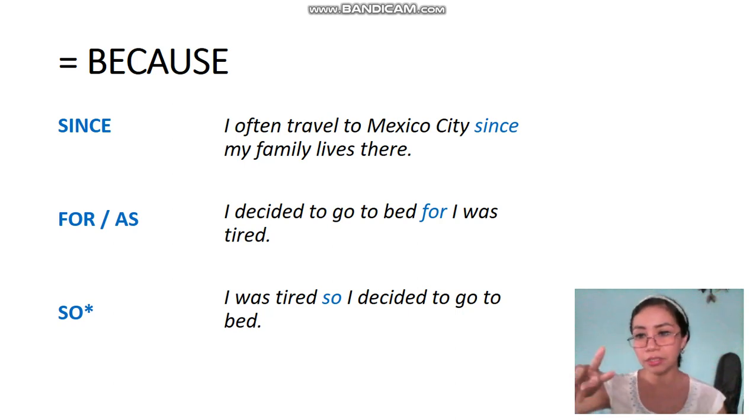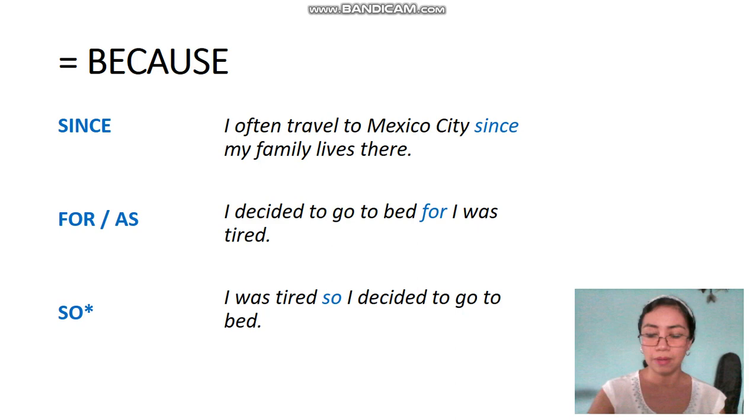So same structure, opposite meaning. So you need to change the sentences of cause and effect. But those are basically the connectors that work with the same structure of because. You just put the connector in the middle of the two sentences. Okay? Well, that is with these connectors.